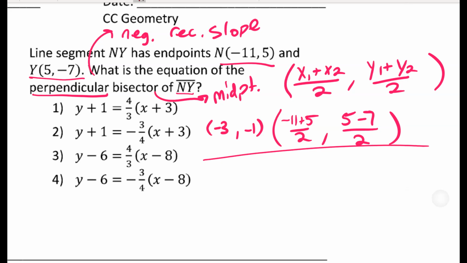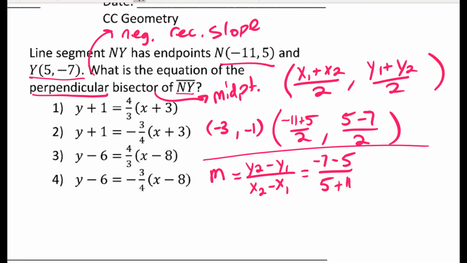Now what I'm also going to find is the slope between N and Y. If you don't remember the slope formula, that's just the change in the y's divided by the change in the x's. So in our case, y2 is -7 minus 5, divided by 5 minus -11, which just becomes plus 11.